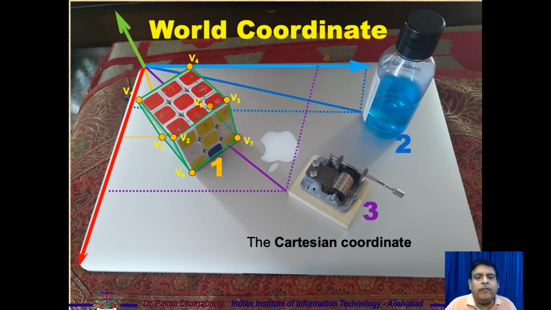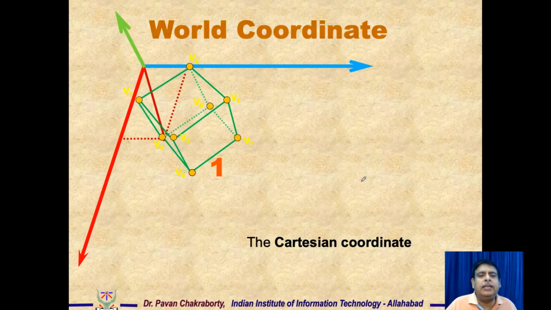Now if I remove all other objects and the image, the cube remains and the vertices remain.